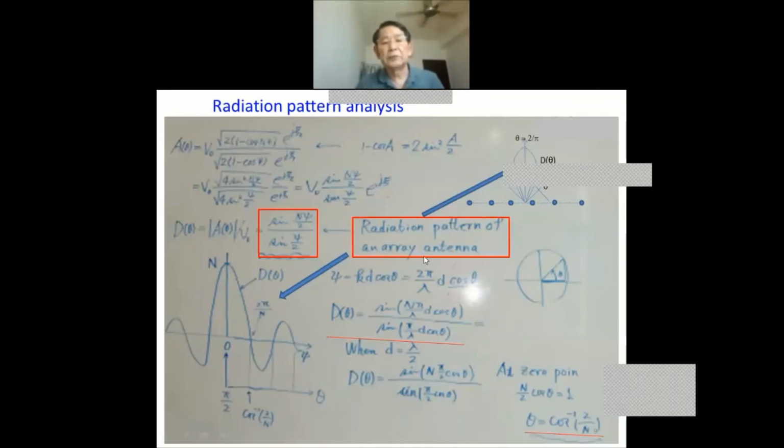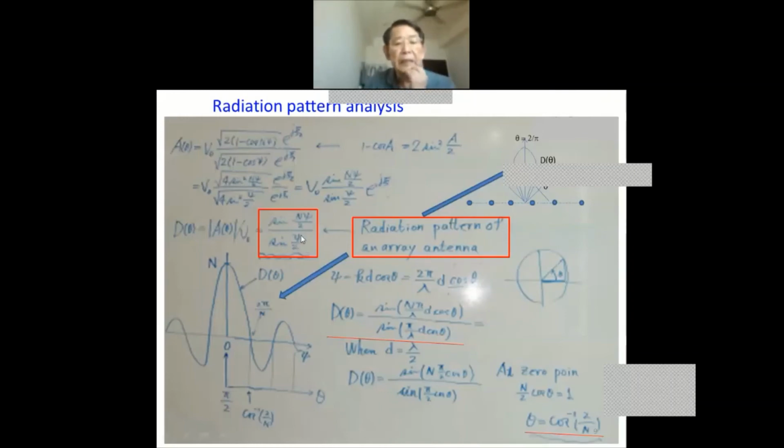This is the radiation pattern of the antenna. So the image of this function is like this. This is a well-known function, the sampling function.